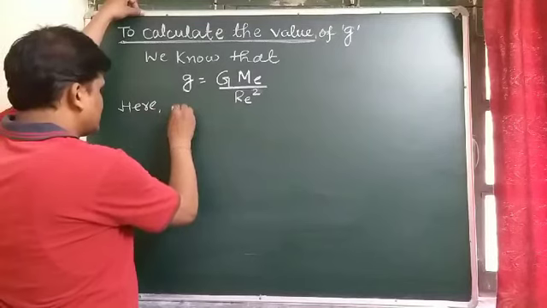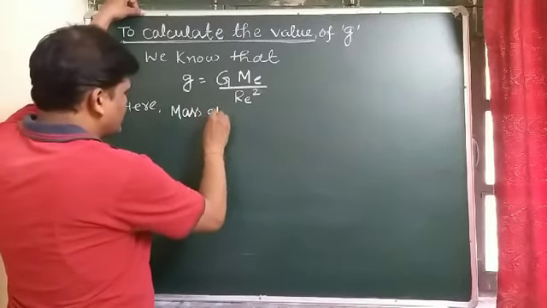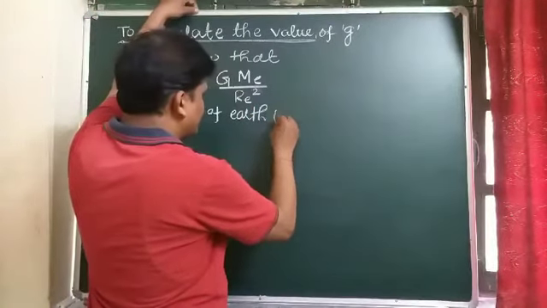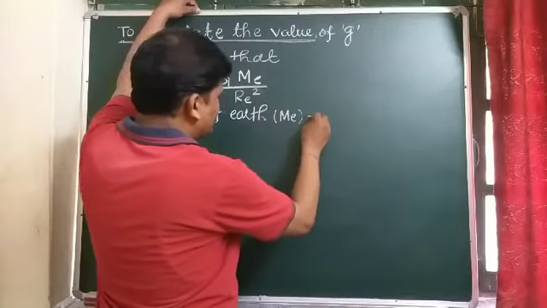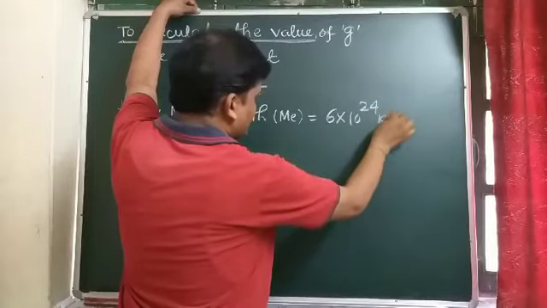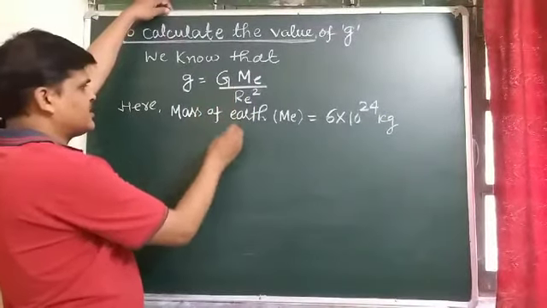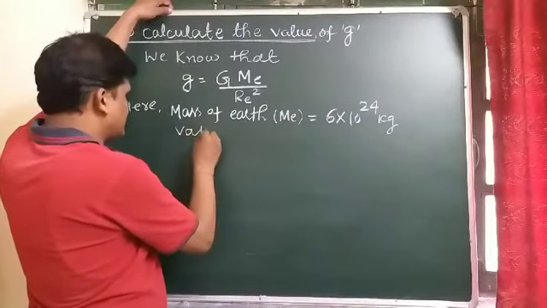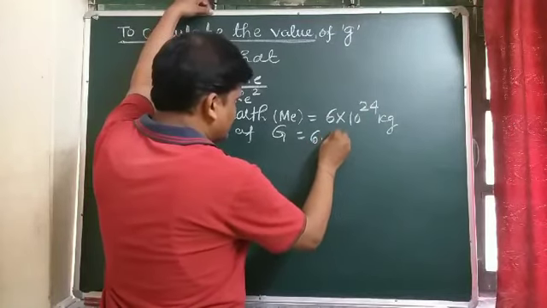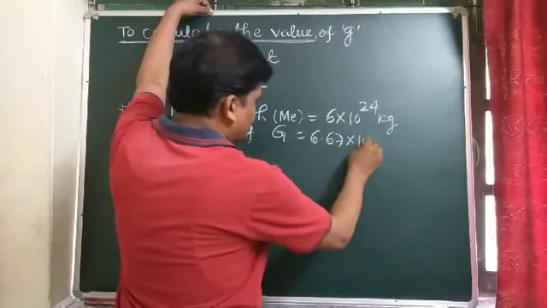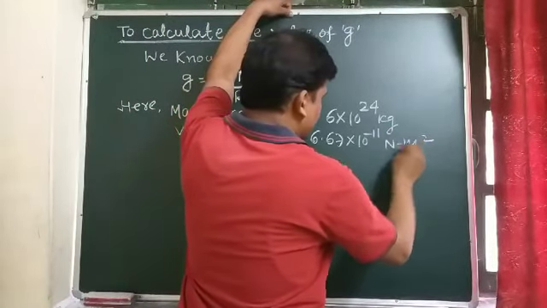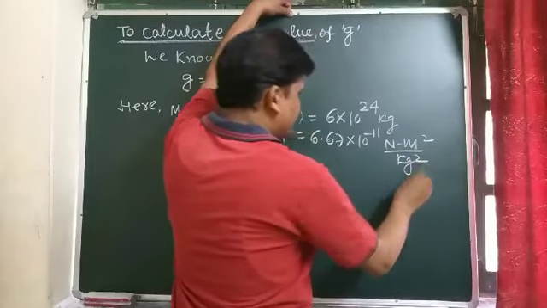So here, the mass of Earth, which is denoted by the letter M_e, has the value 6 into 10 to the power 24 kg. And the universal gravitational constant, the value of capital G, you know, is 6.67 into 10 to the power minus 11 Newton meter square per kg square.